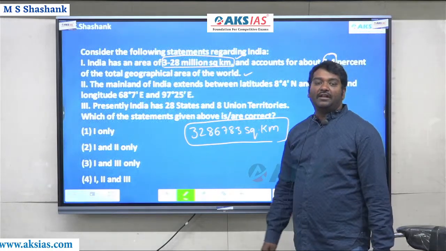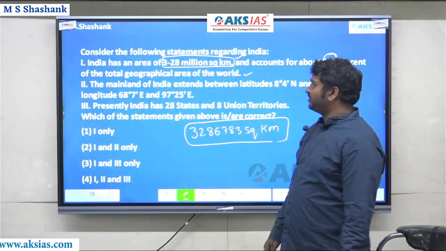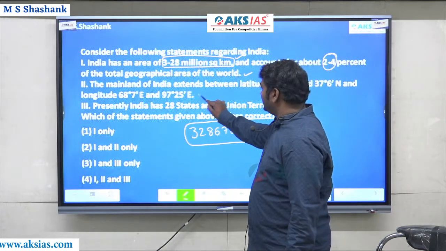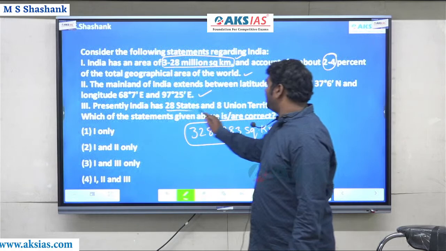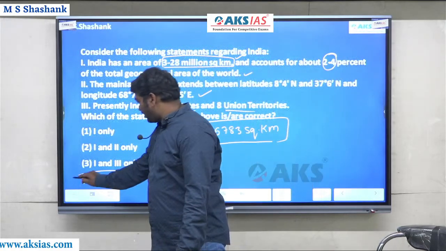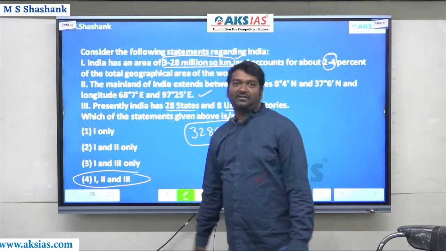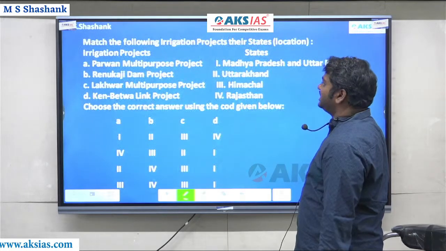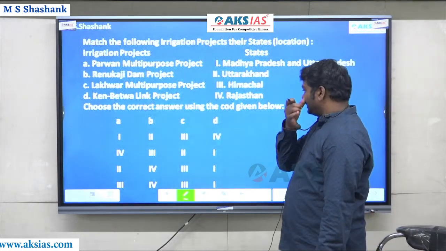Yes, 11th standard NCERT book, first chapter gives you this. The longitudinal extent is correct. India is divided into 28 states and 8 union territories is also correct. So all the three statements are correct. These are all very simple. If you have made mistakes with respect to this, then there is an issue.